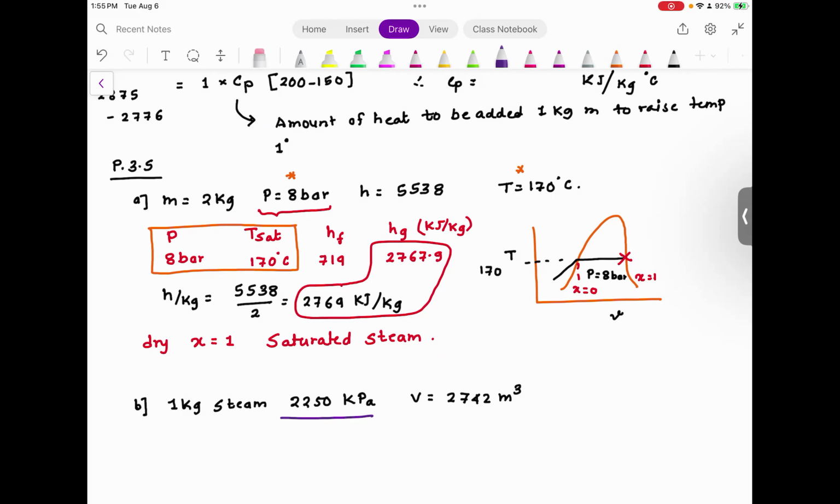So there are two ways to solve this problem. The easiest way to do it is, I want you to look at the Mollier diagram or the PS diagram and locate 2250 kilopascals, which is 22.5 bars.